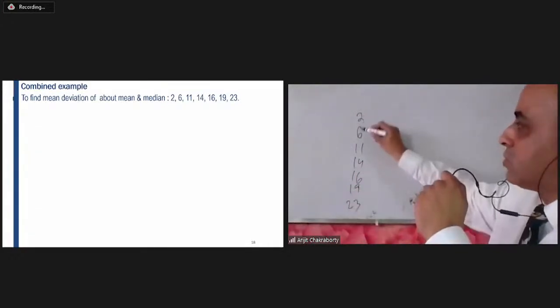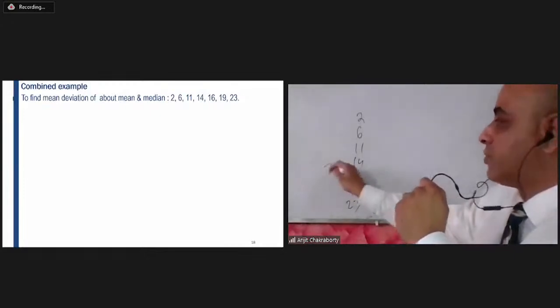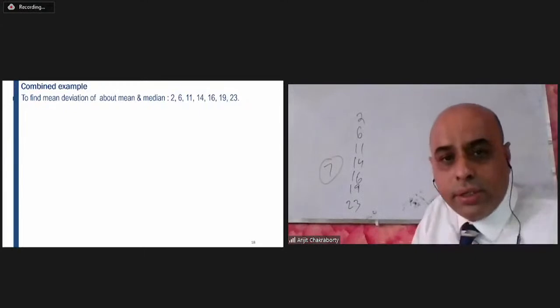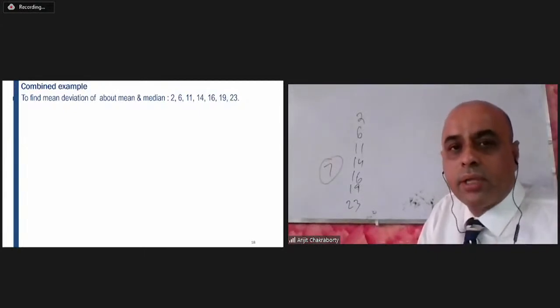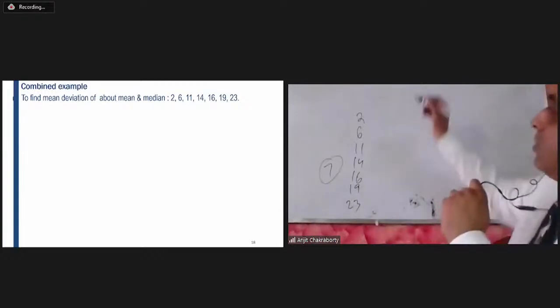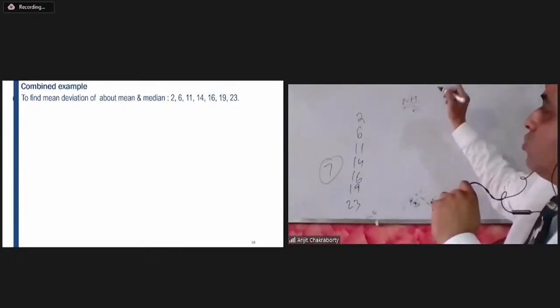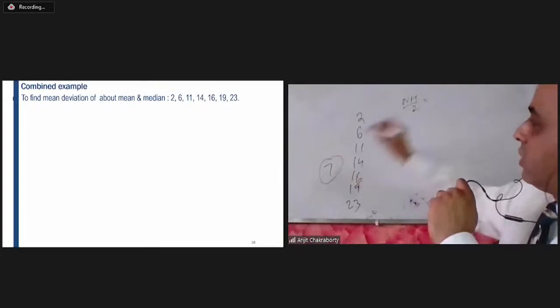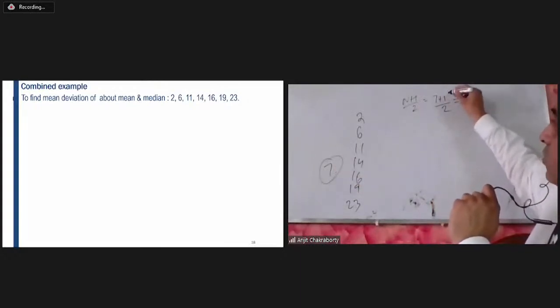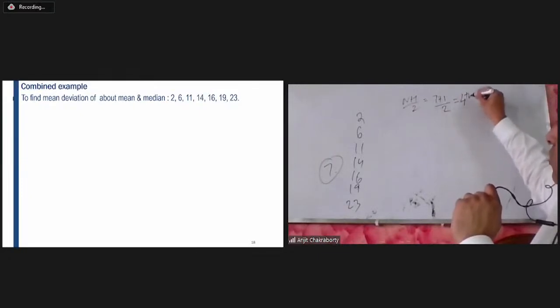How many observations? 1, 2, 3, 4, 5, 6, 7 observations. Now, in order to find the median, we know the formula is n plus 1 by 2. Here n is 7, so 7 plus 1 is 8, by 2, that is the fourth observation.